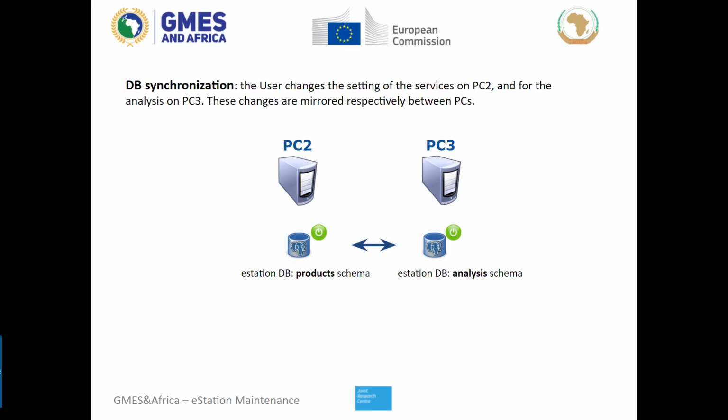So you see that there are two schemas which I described, which are important for the eStation software functionality: the product schema and then the analysis schema. Any change works vice versa, because you can also edit some of the components on the PC3.